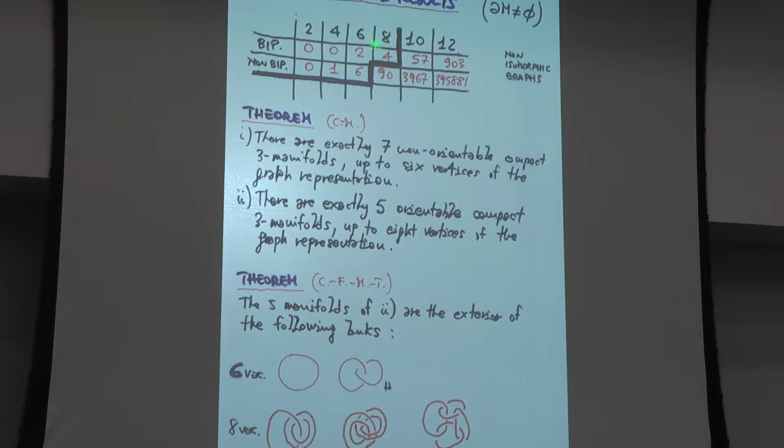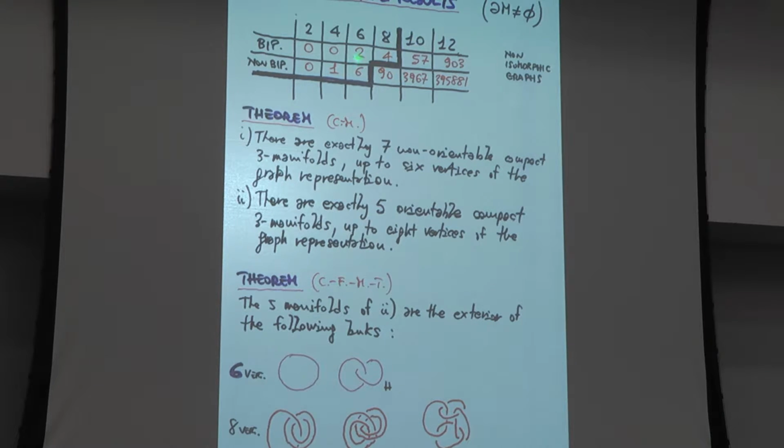And with 8, there are 4 bipartite and 90 non-bipartite. And as you can see, the number of graphs, these are non-isomorphic graphs, of course, without dipoles, grows very rapidly, especially in the non-bipartite case, which corresponds to non-orientable 3-manifolds.